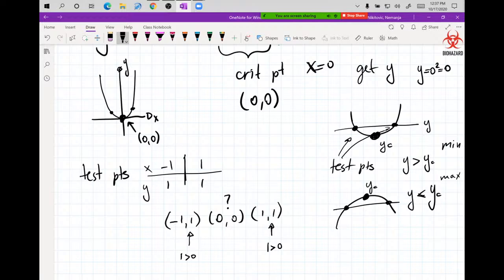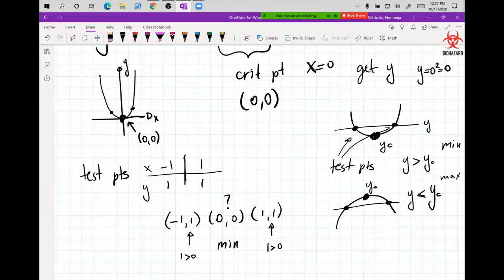Because these endpoints are higher than the point in the middle, this must be a minimum, because there are two higher points on the sides. The y values are taller. So it's a very simple thing. It's annoying to compute. We'll see later how you can avoid that computation and quickly tell which one it is. We need the second derivative test for that, which is not part of this lecture.